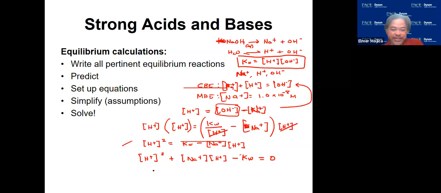So what did I do now? I just replace H plus with X. And then I know this one based on the MBE, 1.0 times 10 to the negative 8. And then X. And then minus, I replace Kw with the value that we have.